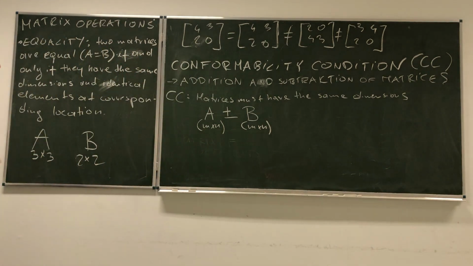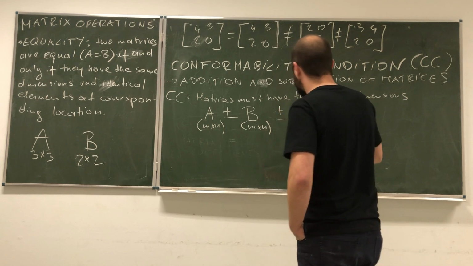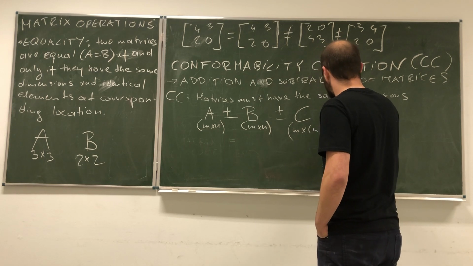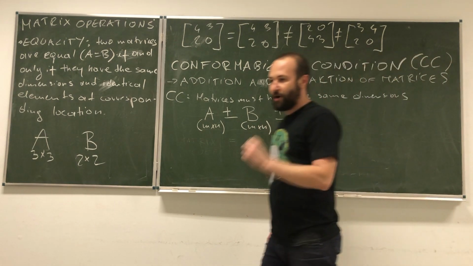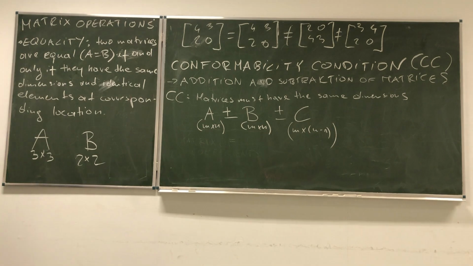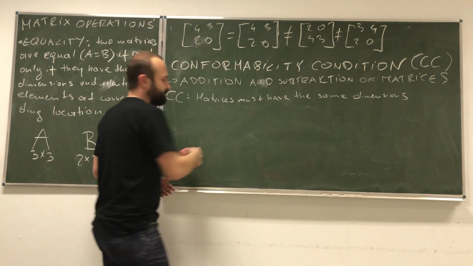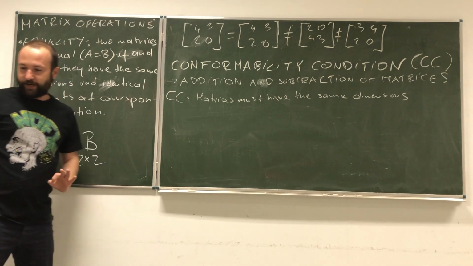Because if, for example, we wanted to add or subtract matrix C with dimension m by n minus 1, I already cannot do it. Both dimensions must be the same. And look, when I show you how to add and subtract matrices, I think this requirement will become pretty much self-explanatory. What do I mean by that?